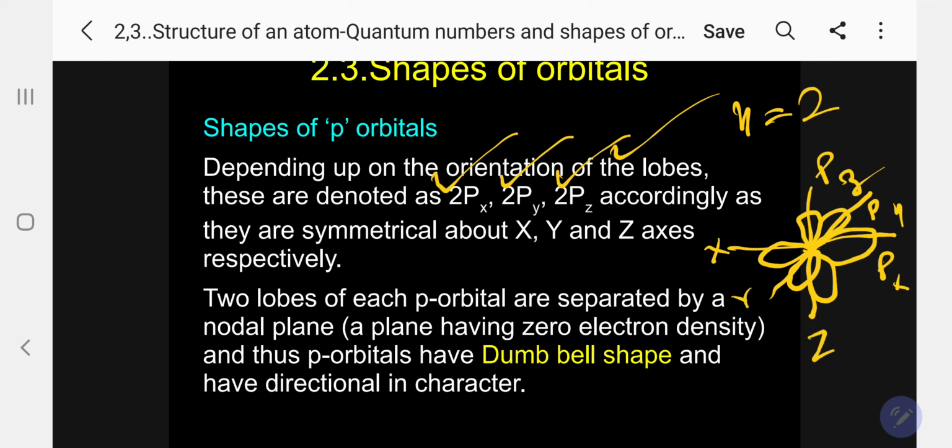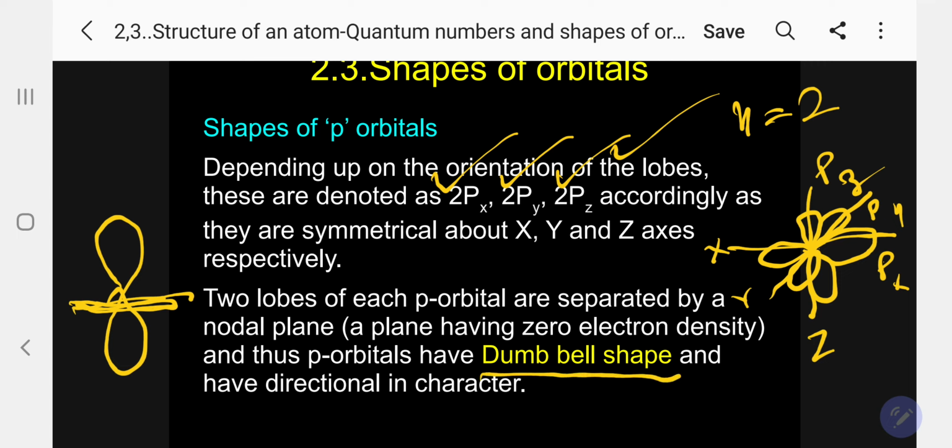The 2 lobes of each p orbital are separated by a nodal plane. I told you, this is the p orbital, this is the nodal plane, where there is zero electron density. Thus, p orbital has dumbbell shape. Please follow. s, spherical; p, dumbbell, and directional in character. px, py, and pz.